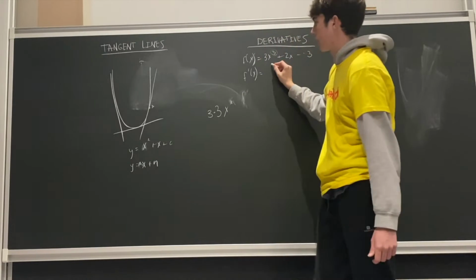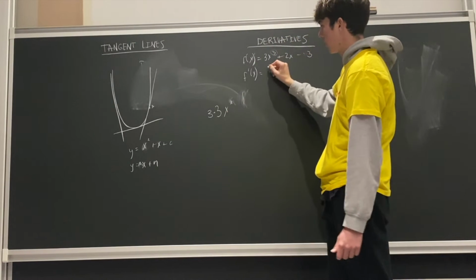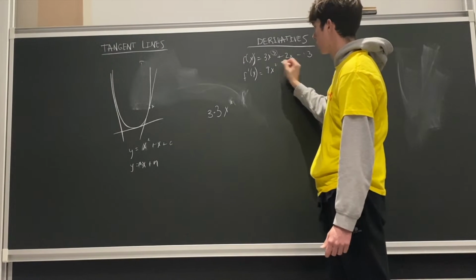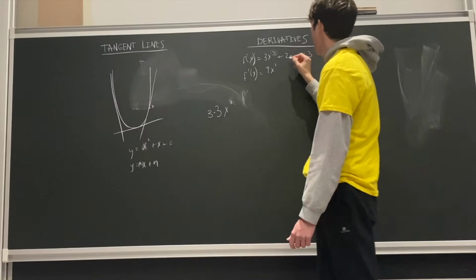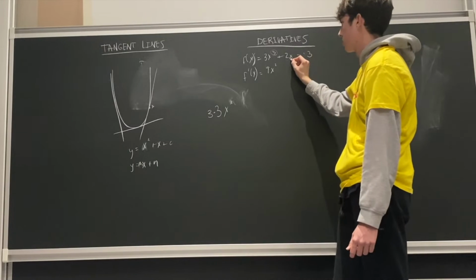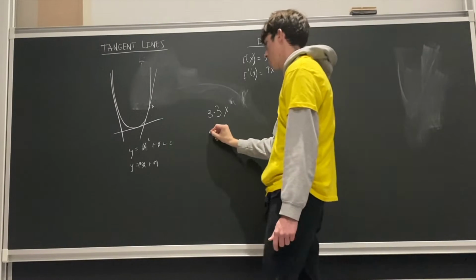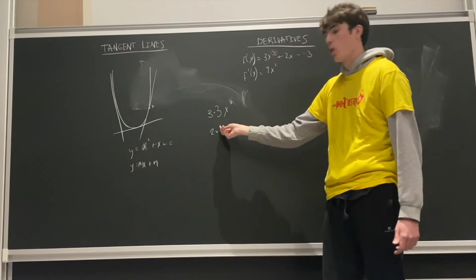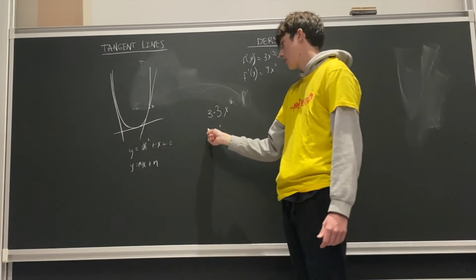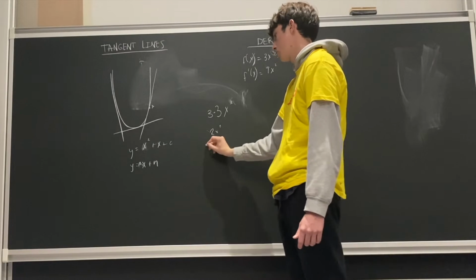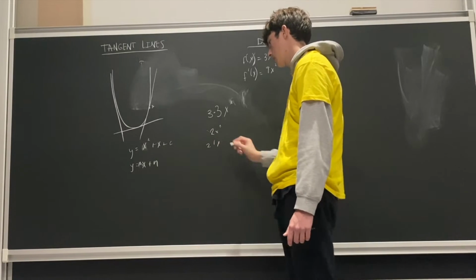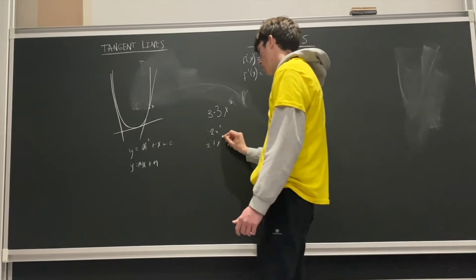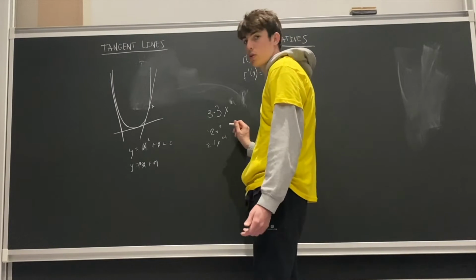So what would we have here? We have 3 times 3, which is 9, times x to the 2, okay? And then here we'll do the same thing. The same concept applies. For 2x, we can imagine that this is to the 1 power. So we put down the 1, so it would be 2 times 1x, and then we subtract 1 from the power, so it would be 1 minus 1, which is 0.